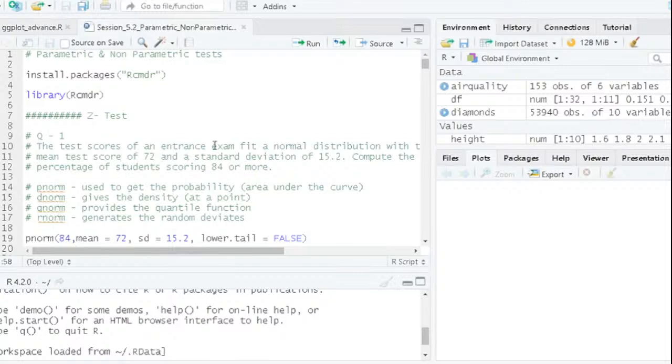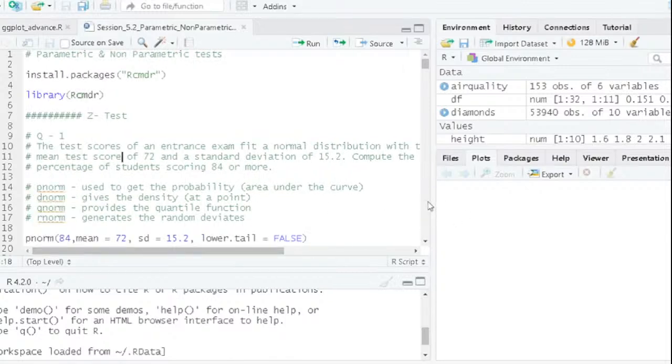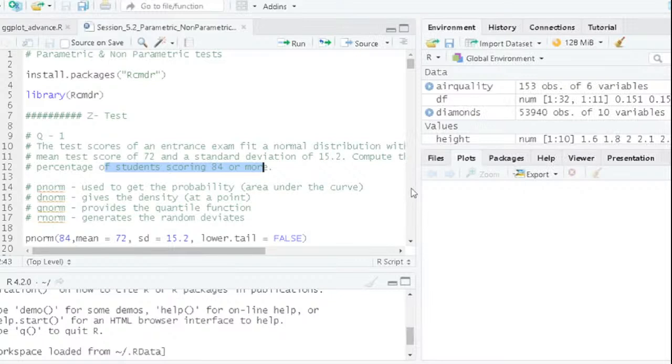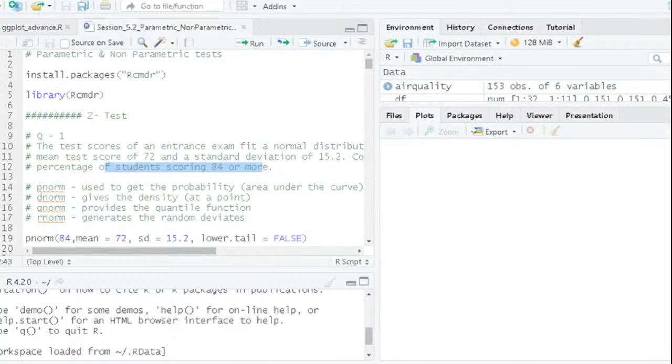Test scores of an entrance exam fit the normal distribution with the mean test score of 72 and standard deviation of 15.2. Compute the percentage of students scoring 84 or more. Now see what is asked for. Let me create a distribution, normal distribution.